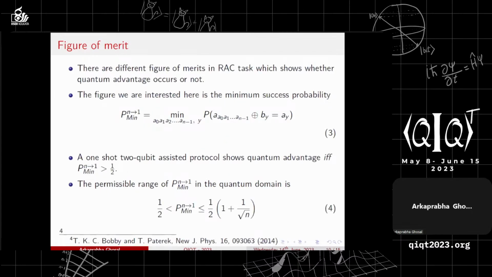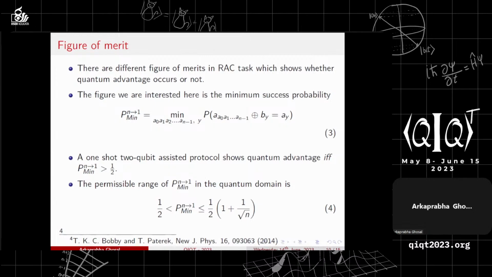Since it is an information processing task, and we want to show that if I assist this RAC with some 2-qubit state, it will show some quantum advantage, I have to fix a figure of merit. There are different figures of merit in the literature, for example, the average success probability. That means on average, how accurate Bob's guess is. Here we are interested in the minimum success probability.